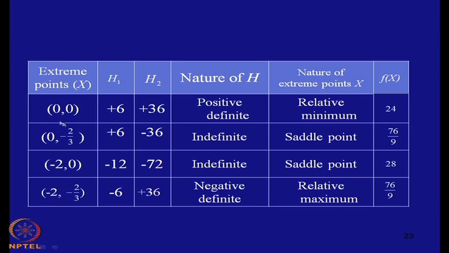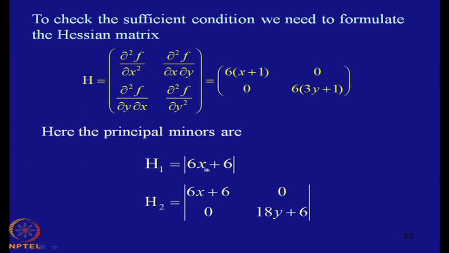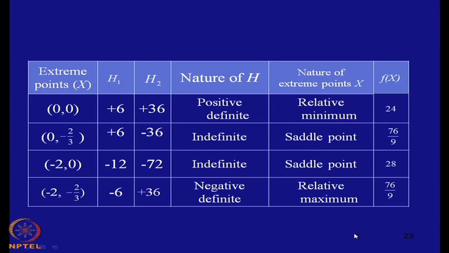Let us see the first extreme point (0, 0). The first principal minor is 6x plus c, and at the point (0, 0) its value is 6. The second principal minor at (0, 0) is the determinant with 6 and 6, which is 36.